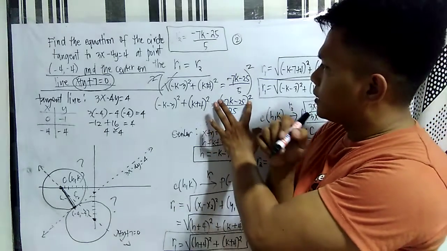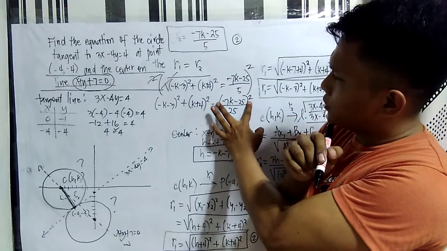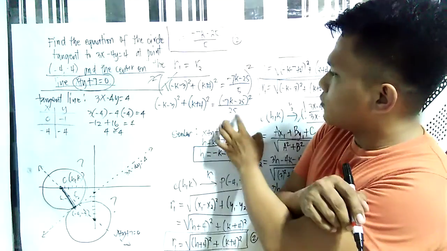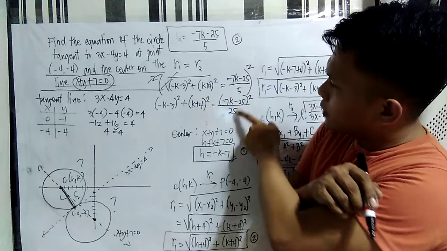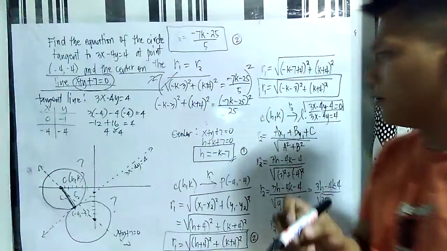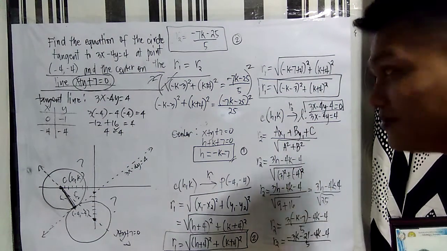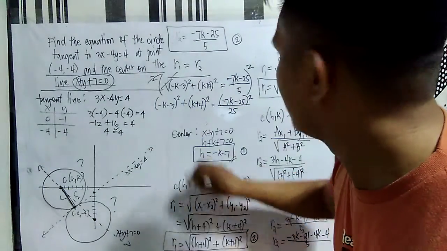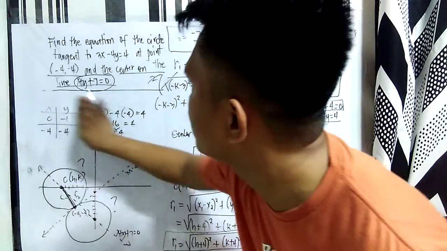Kapag in-square mo ito, kailangan naka-square yung binomial natin. Negative 7k minus 25 over, which is 5 square, is 25. Okay, so let us continue our solution.